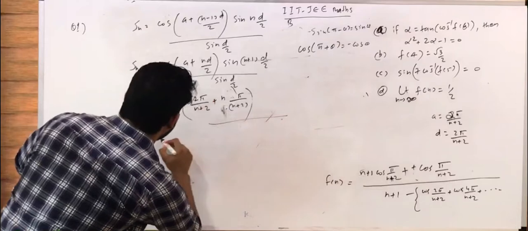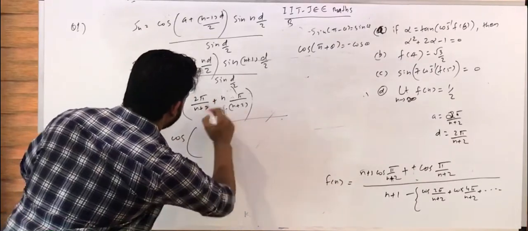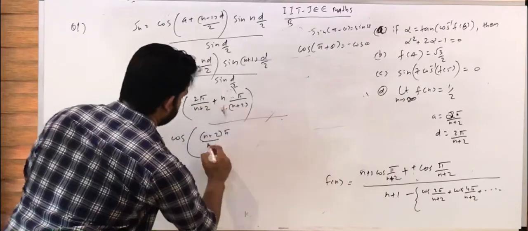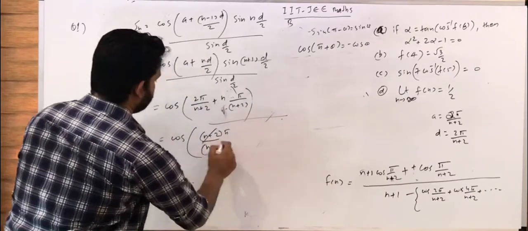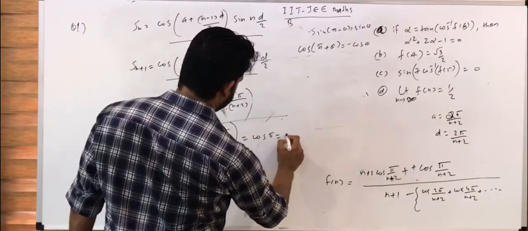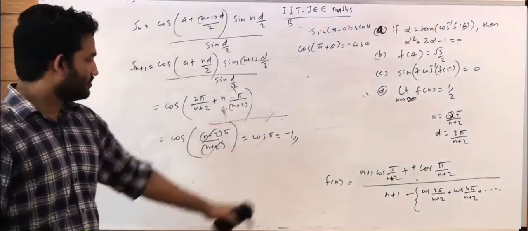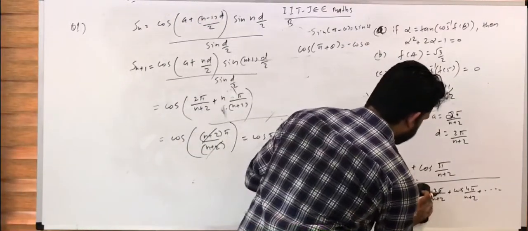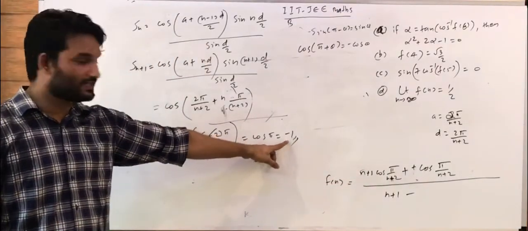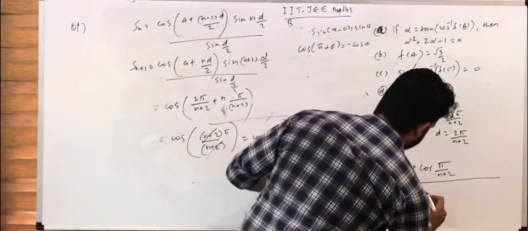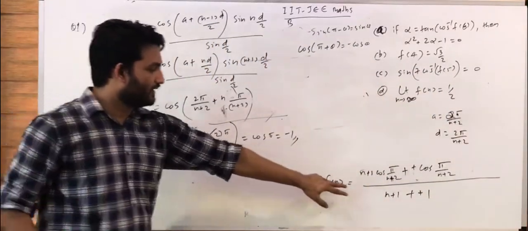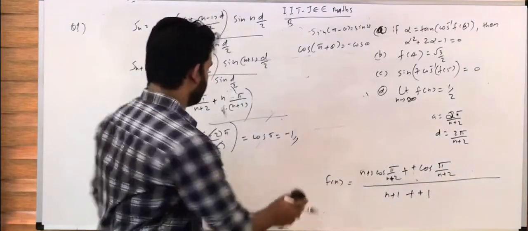And here we need to evaluate cos of n plus 2 into pi, denominator the same, n plus 2. So n plus 2 gets cancelled, that is equal to cos pi, that is equal to minus 1. So for this whole series we have got the answer, the sum of all this is minus 1. Okay, this becomes plus. So now f of n becomes like this.